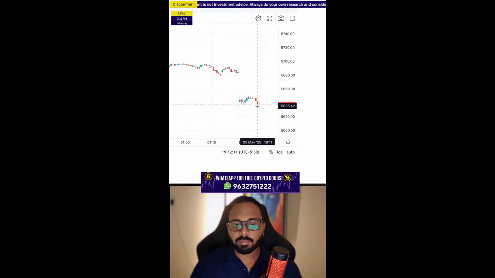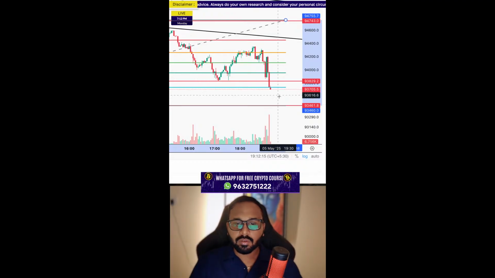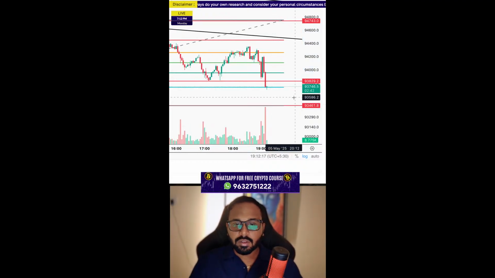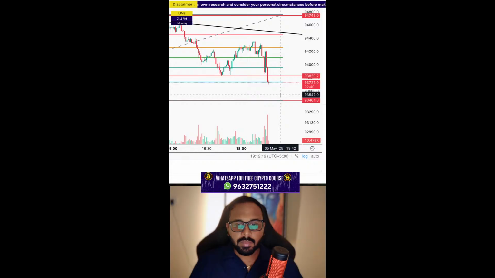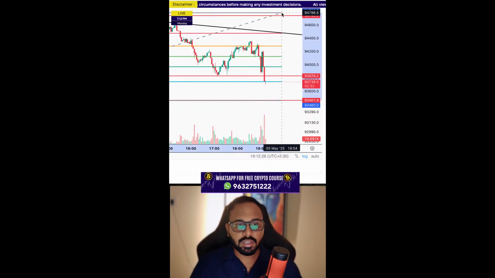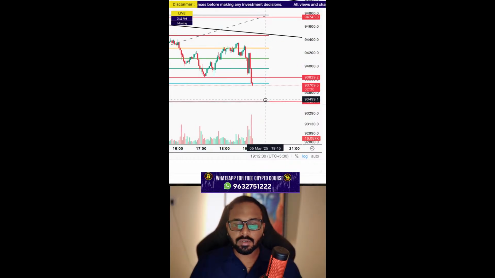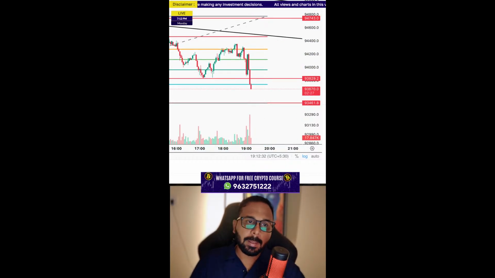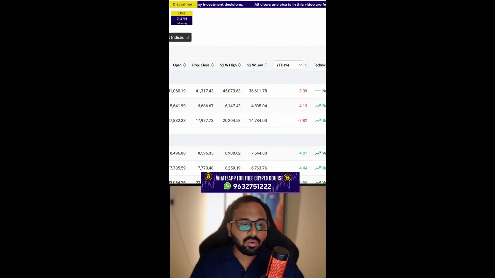The market has given a breakdown. So this might be one attempt, depending on how this candle sustains. If this candle sustains properly, I'll be looking for a reversal setup. Global market though, it is negative.